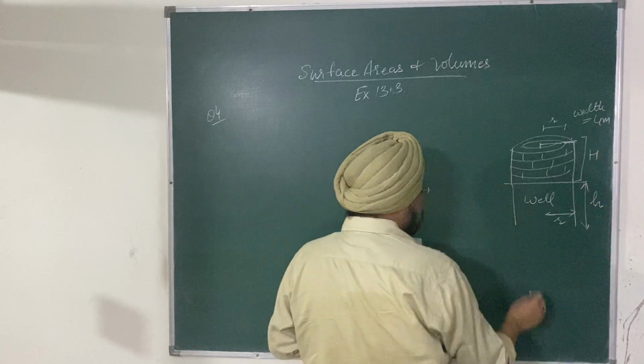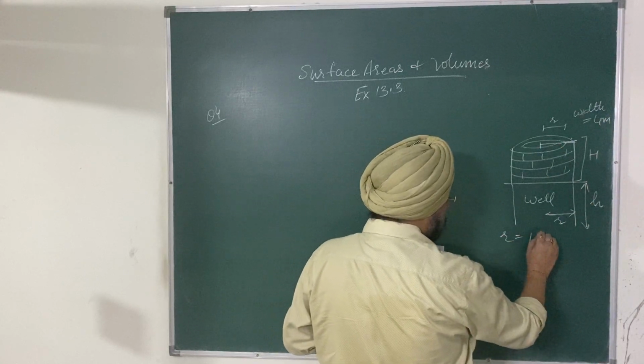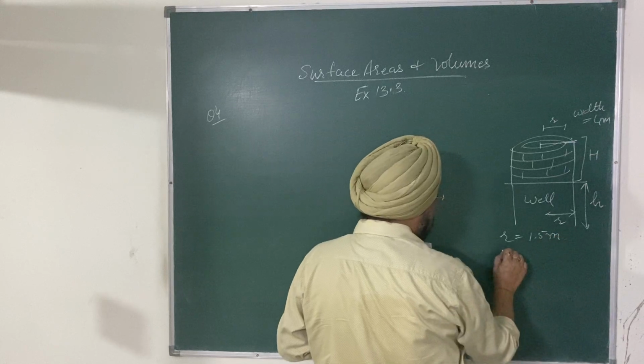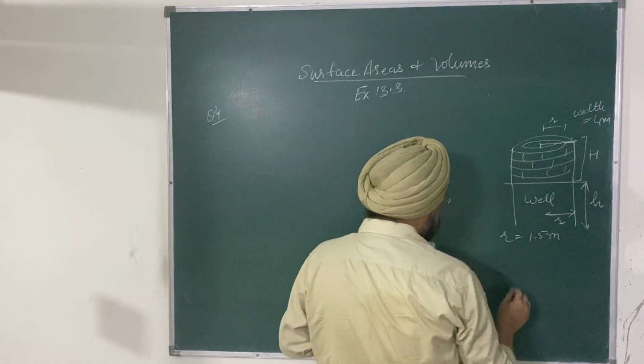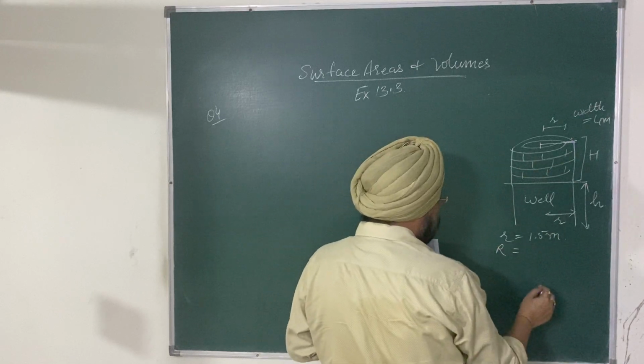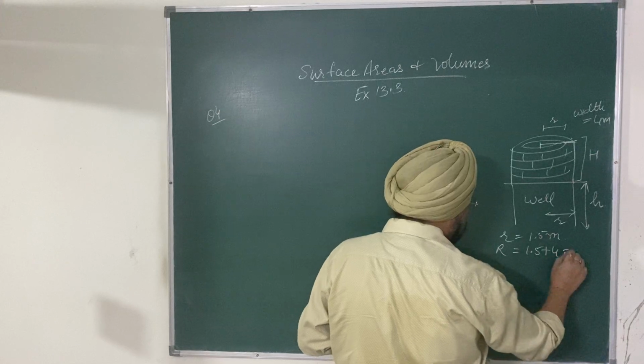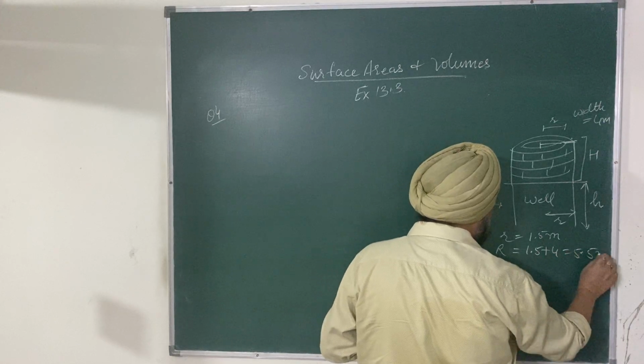So if the internal radius of the embankment is 1.5 meter and the width is equal to 4 meter, then the outer radius of the embankment will be equal to 1.5 plus 4, that is equal to 5.5 meter.